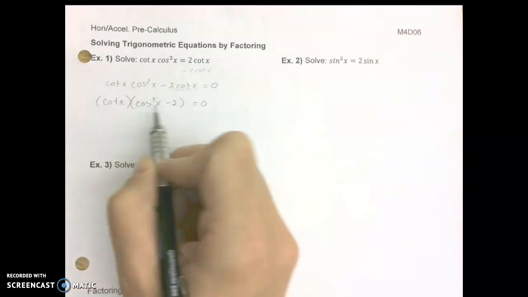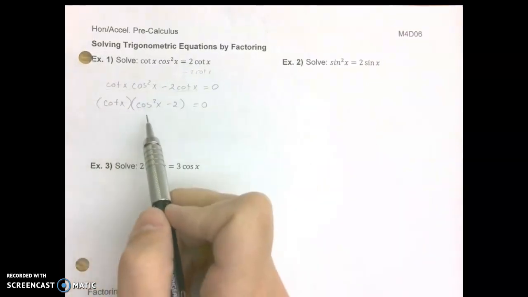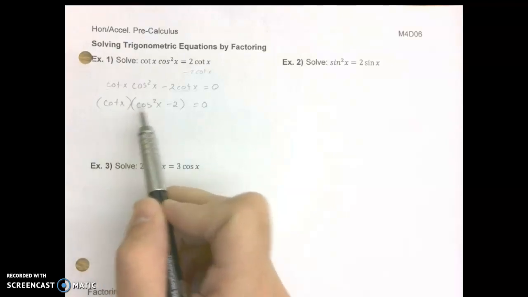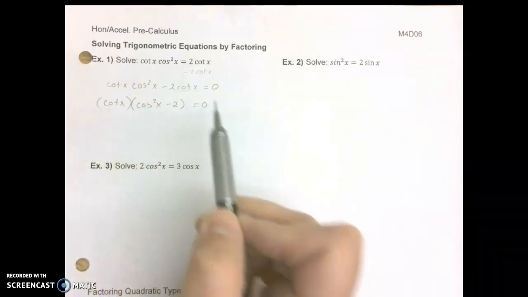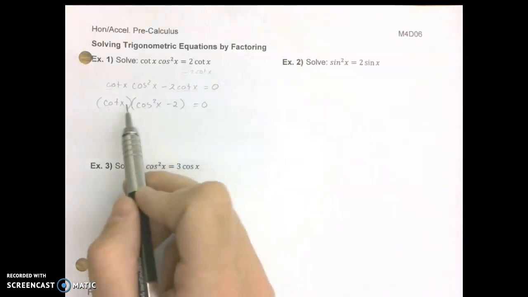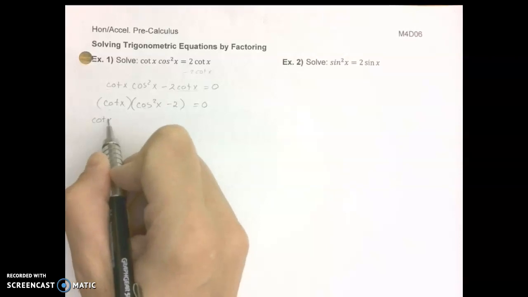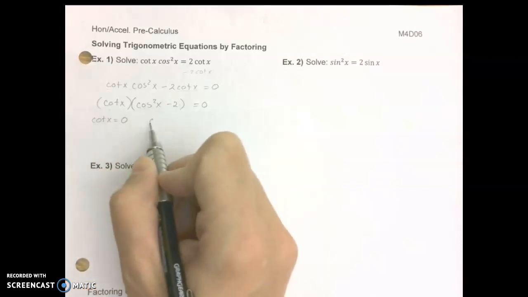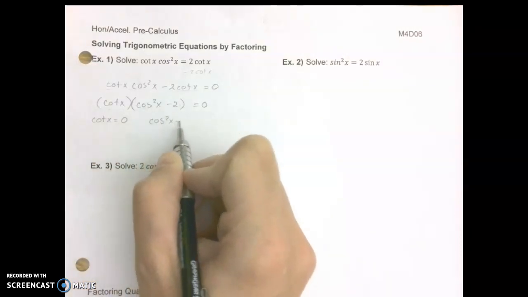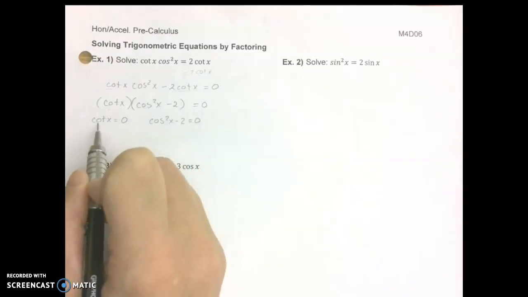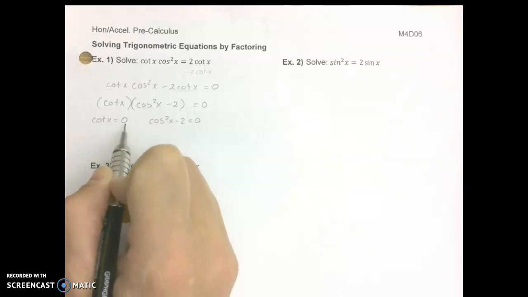Now, this is a factor and that's a factor, and the zero product property says that anything times 0 must equal 0. So either one or both of those are 0. So I set each one equal to 0. And then I solve. This one is, when is the cotangent value 0?